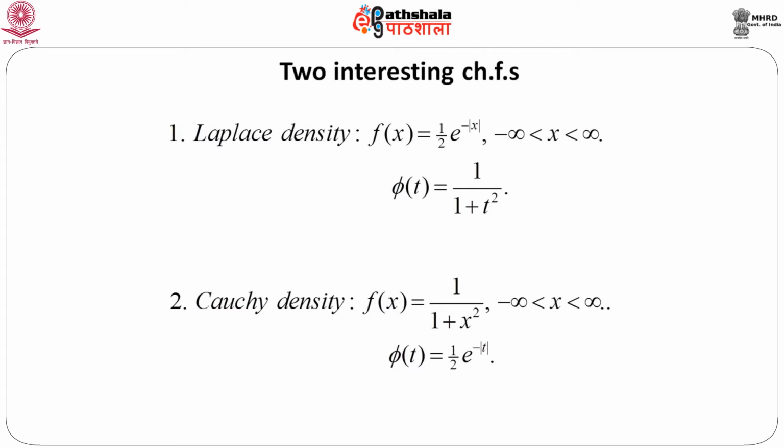On the other hand, the Laplace density function is in the form of the characteristic function of the Cauchy density. So, there is some interesting feature that can be noted based on these two distributions: the form of the characteristic function of one variable is the form of the density function of another variable.